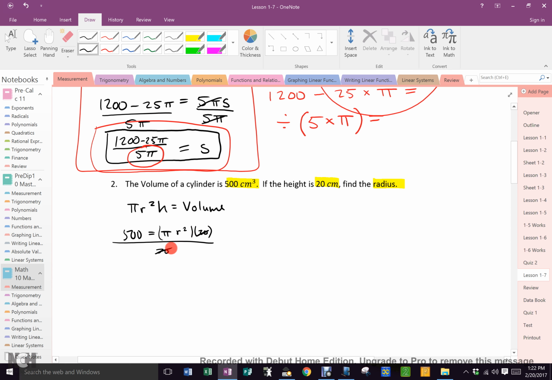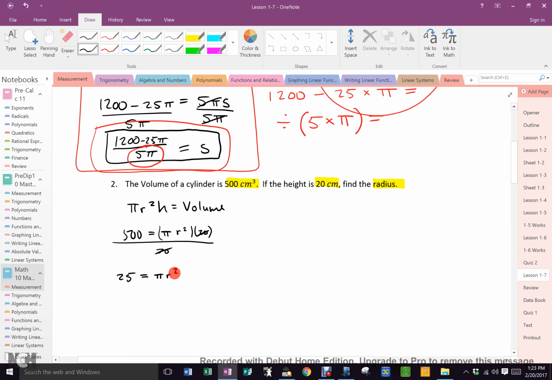That will get rid of 20. So I have 500 divided by 20, which is indeed 25. 25 equals pi r squared. Yes? Right? Everybody okay with that step?